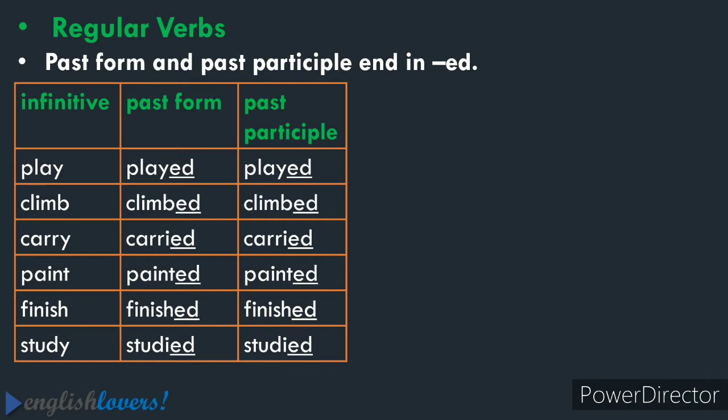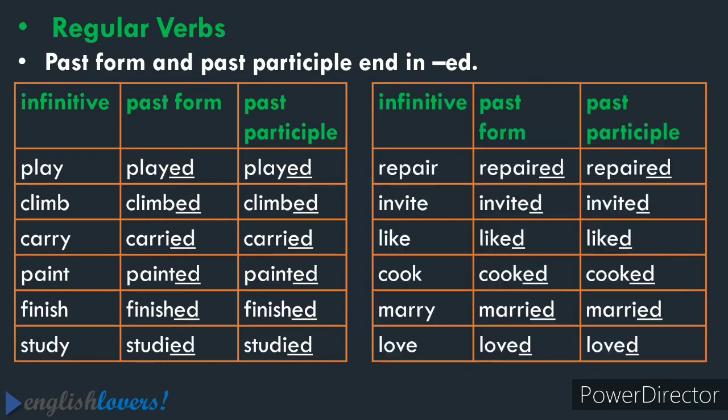There is one rule that we need to remember: when the word ends in y, then when we add ed to that verb, the y is removed and replaced with i, and then ed acts as a suffix there. So carry, carried, carried. Paint, painted, painted. Finish, finished, finished. Study, studied, studied.